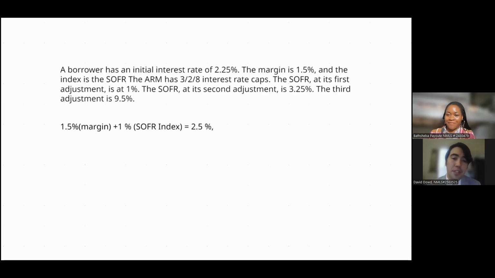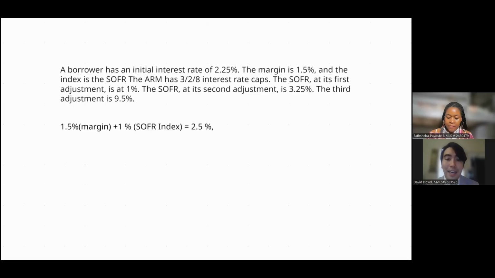Now, it does mention, it says, remember the adjustment caps of 3, 2, 8, as we've seen in the problem. The first adjustment cannot increase or decrease by more than 3% from the initial rate, as Bathsheba was talking about earlier, right? The initial rate was 2.25%, as we've seen in the problem. And the new fully indexed rate at the first adjustment is 2.5%.